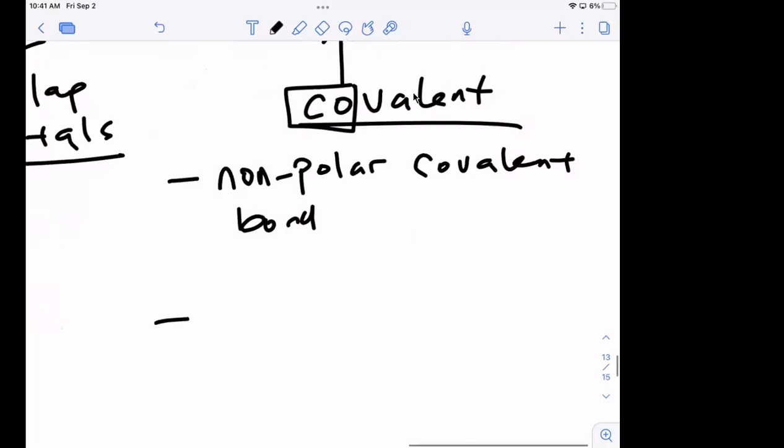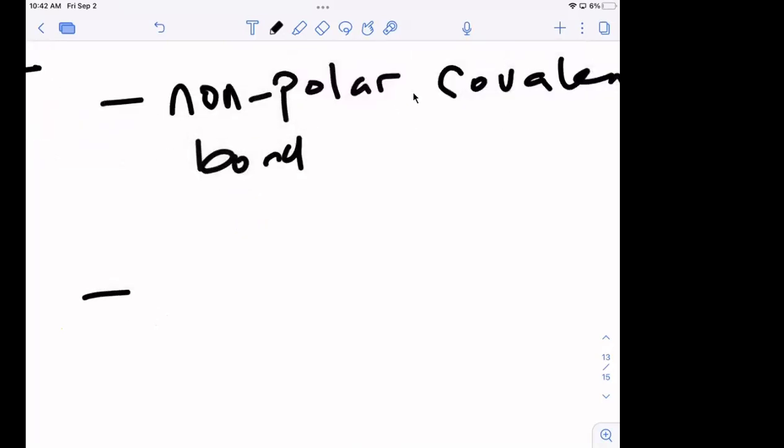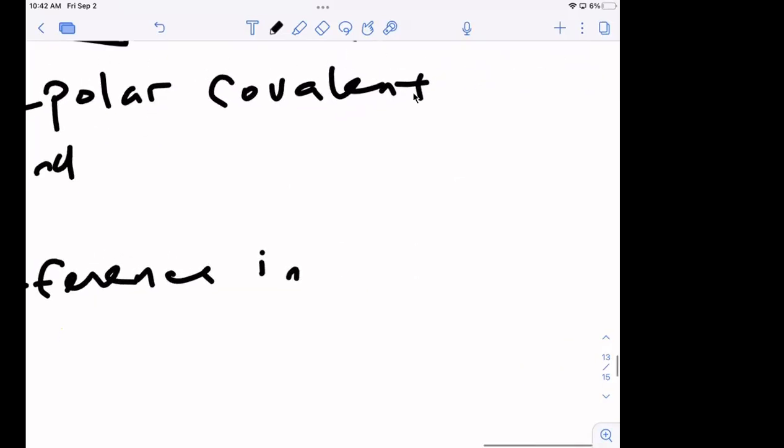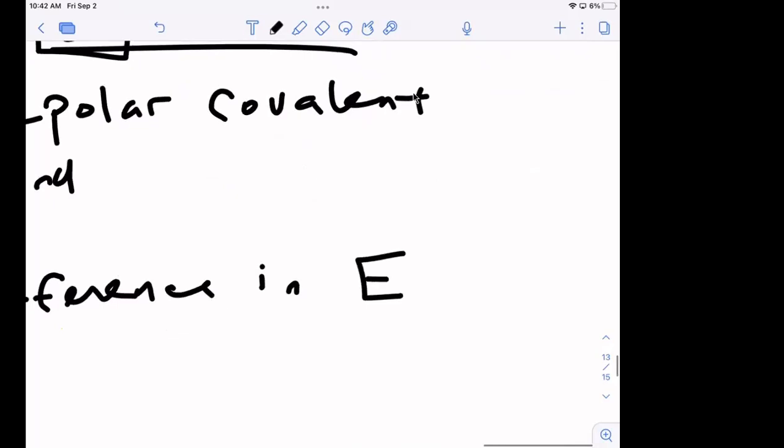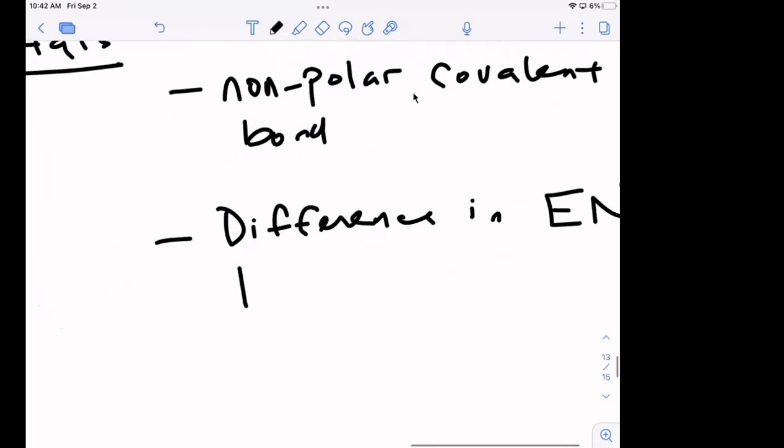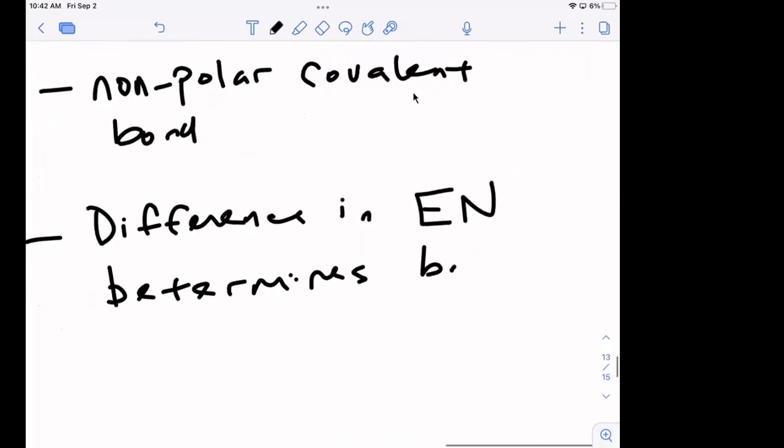How many of you remember what electronegativity is and what it measures? Anybody? It's like the ability for one atom to attract more electrons than another, or like unequal sharing of electrons in a molecule. Okay, good.